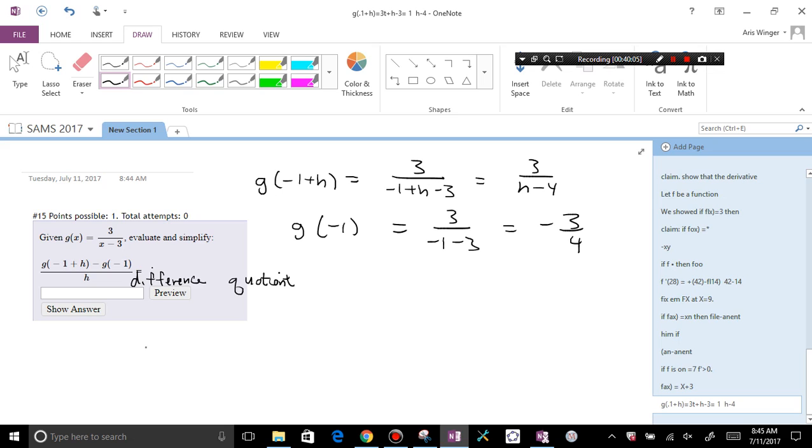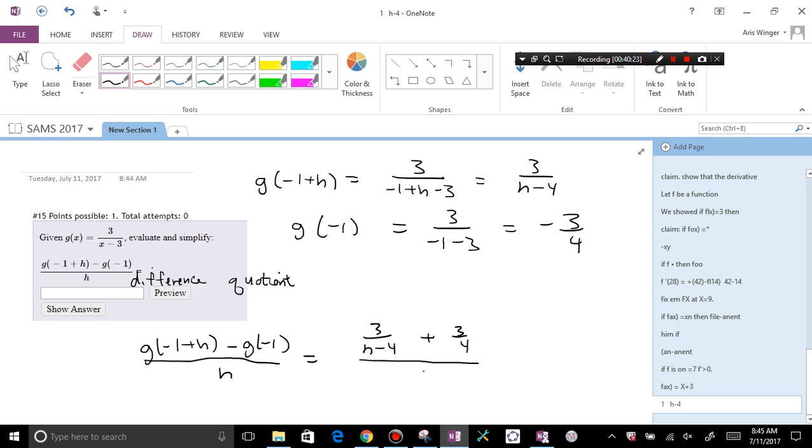And so then g of minus 1 plus h minus g of minus 1 all over h is equal to 3 over h minus 4 plus 3 over 4 all over h, right? Is that okay?